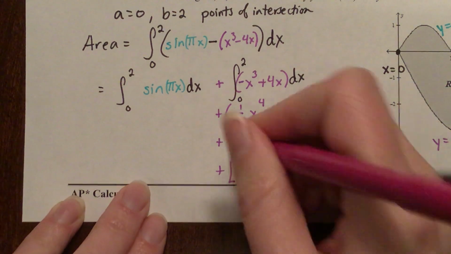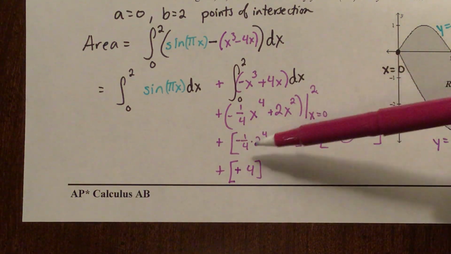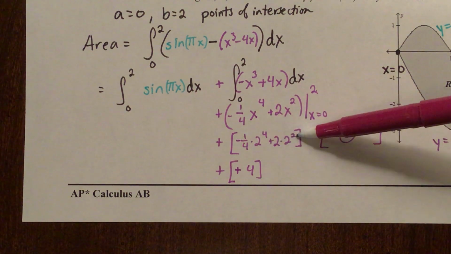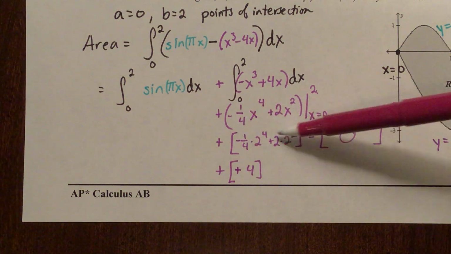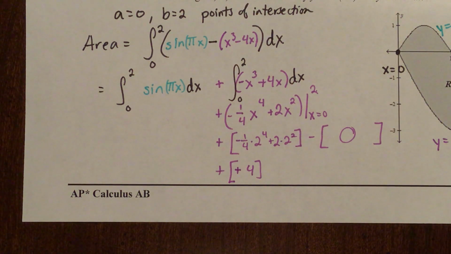All right, because this is negative 4 and this is positive 8. Negative 4 plus 8 is 4. This is 0, so we don't care about it anymore.